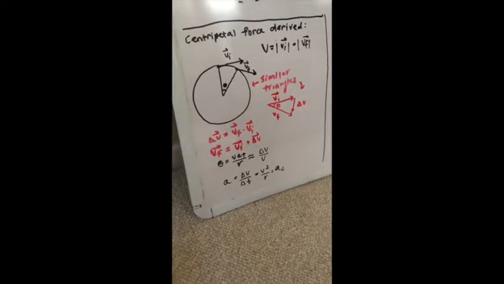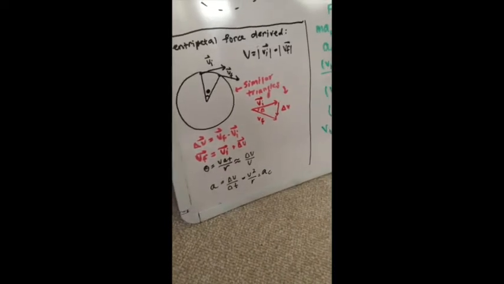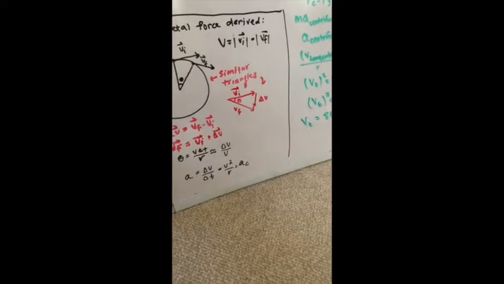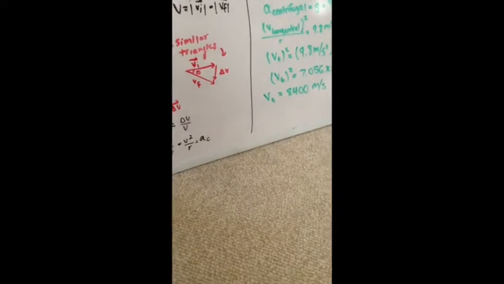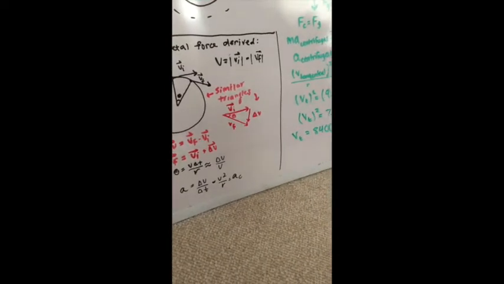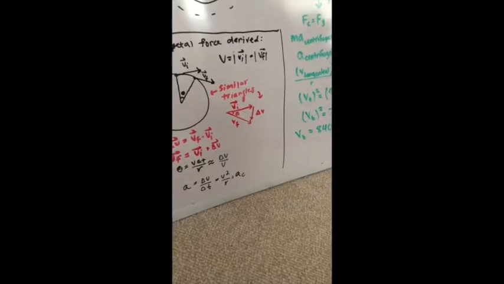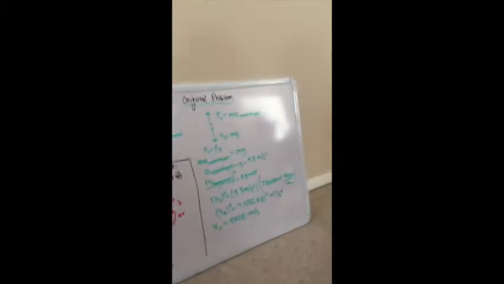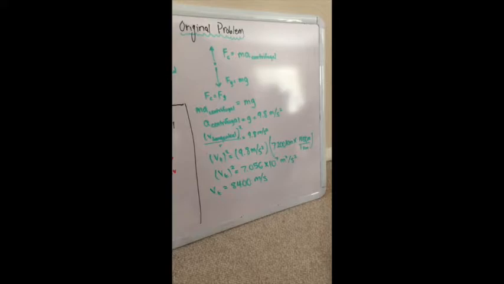So VF by definition is VI plus delta V. From there you figure out your velocity final, and because of that, acceleration is just the change in velocity over time, which is your velocity squared over the radius, and with that you get centripetal acceleration.